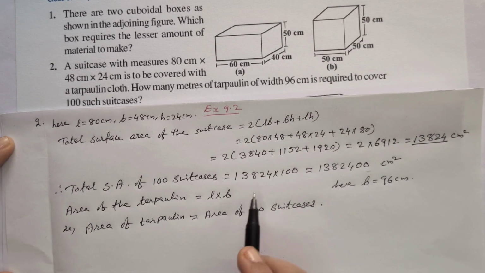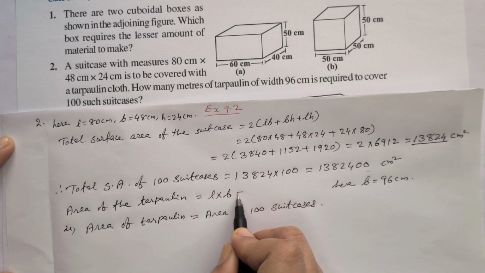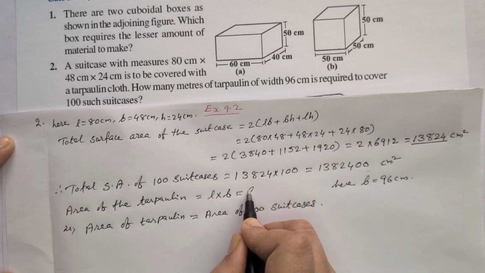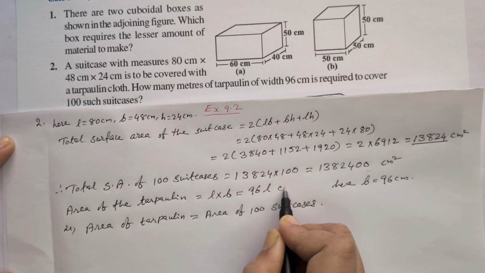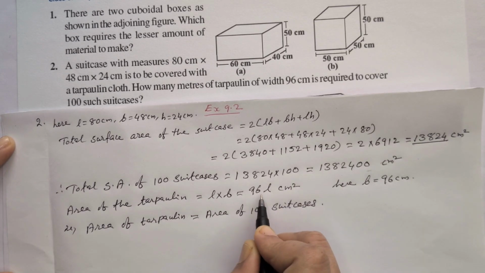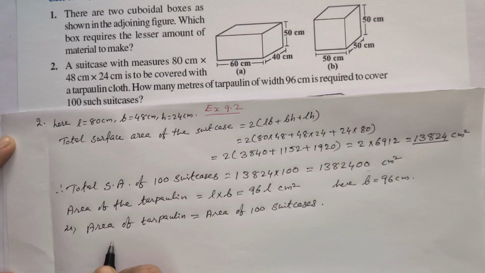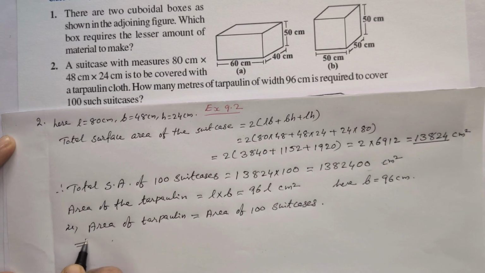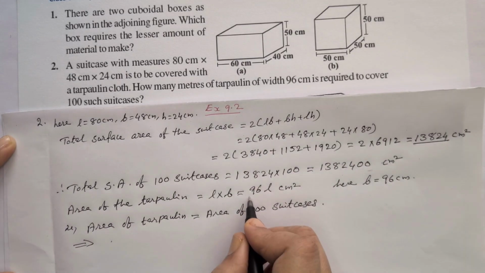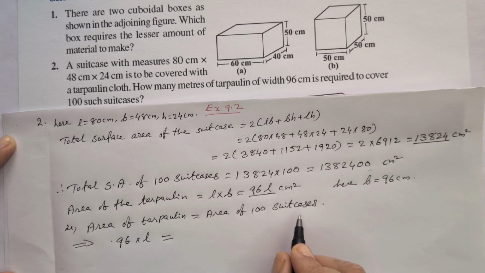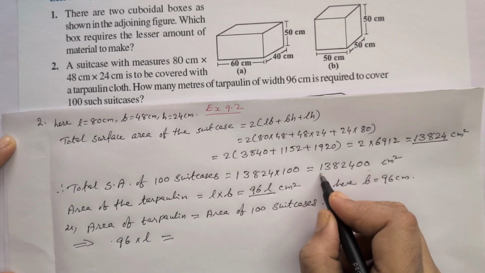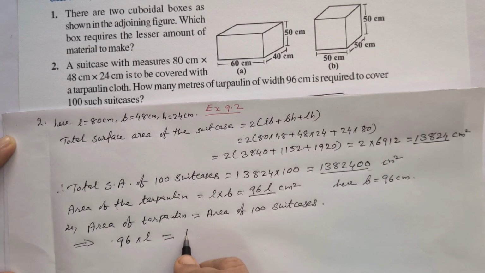Here area of the tarpaulin, that is length into breadth. Breadth is here given as 96. So 96 into L, that means 96 L centimeter square. That is the area of the tarpaulin. So we can write, which implies area of the tarpaulin, that is 96 into L, which is equal to area of 100 suitcases. That already we got here.